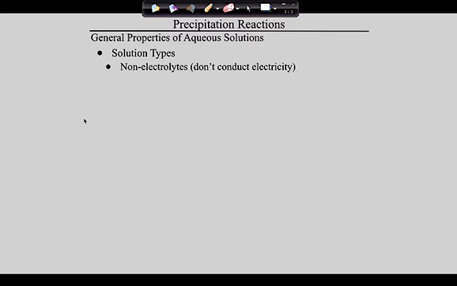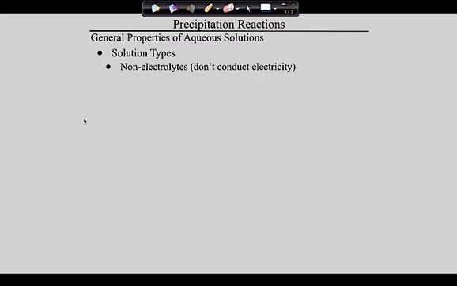If you were standing in a lake of distilled water and that lake got hit by lightning, you'd be fine. Water does not conduct electricity. Why not? Because these molecules aren't charged. This is a molecule, hydrogen and oxygen bonded together to form water. There are no charged particles, therefore it cannot conduct.